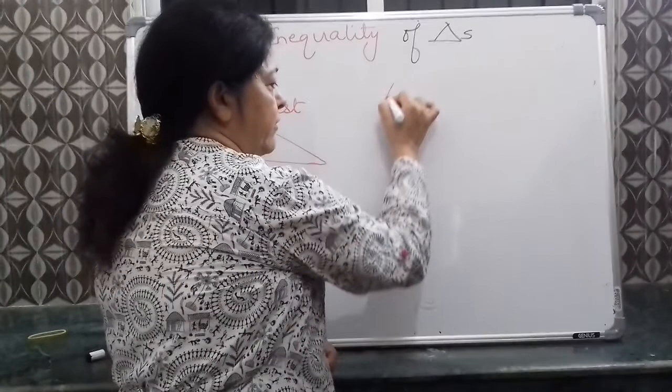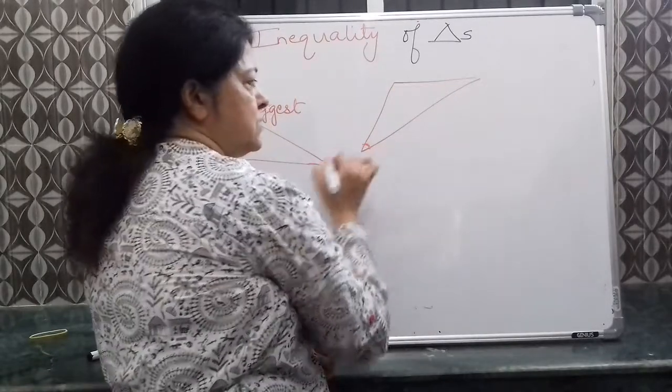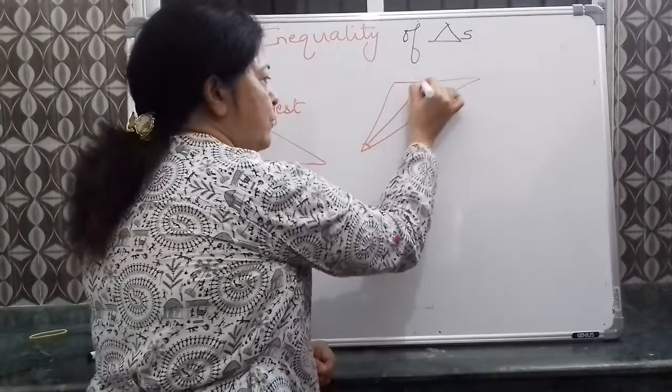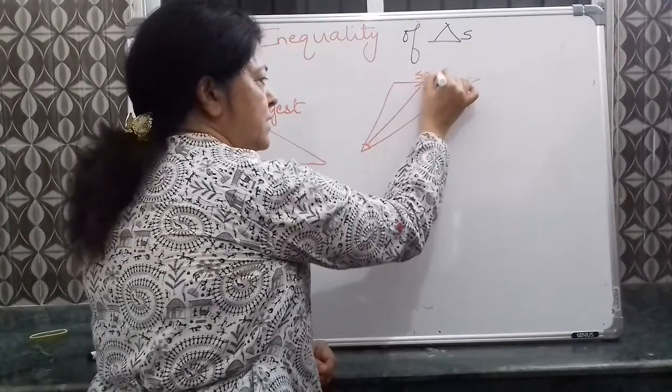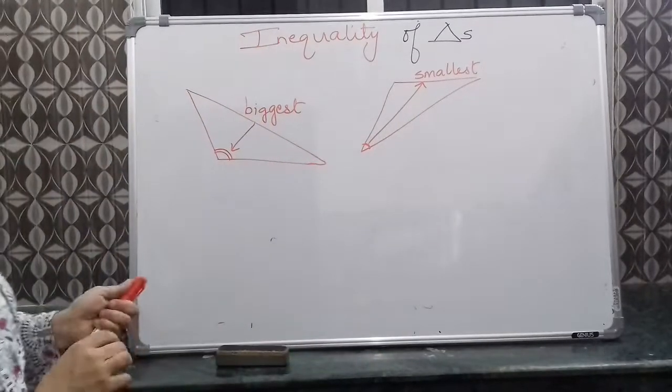Okay, the inequality triangle property says that in any triangle, if you are having a biggest side, then the angle opposite to it will always be the biggest. Similarly, if I am having an angle which is the smallest, then the side opposite to it will always be the smallest. Alright, what does this mean?